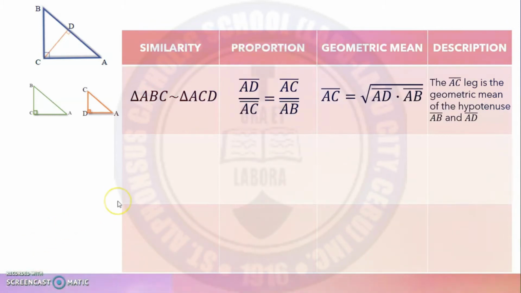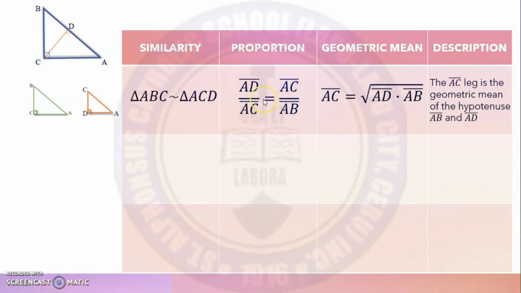As you can see, class, according to corollary 2, the leg of the right triangle is the geometric mean of the hypotenuse and the segment adjacent to the leg. So we could say that the hypotenuse there is AB, and the segment adjacent to leg AC is AD. That's why we can have this proportion.